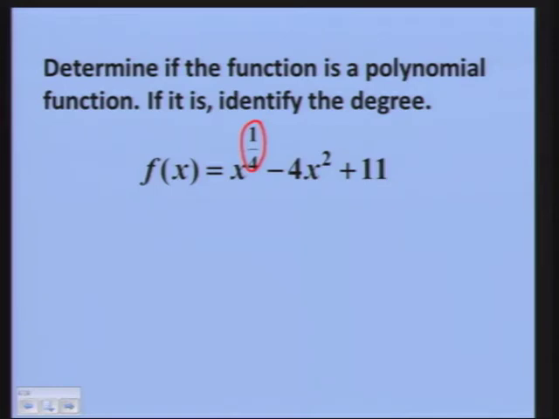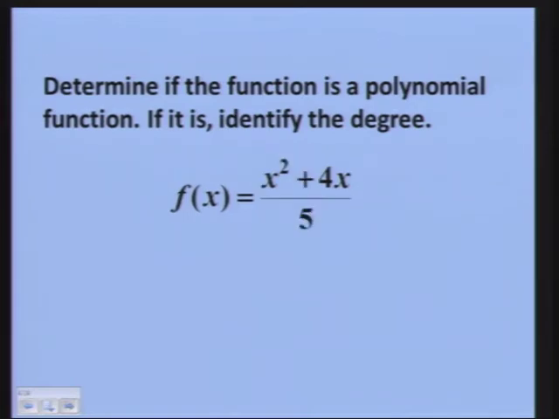Okay, let's move on to the next one. Now you might think with a fraction here that we don't have a polynomial function. But remember, if we're adding fractions, it came or could have come from adding single fractions with a numerator of x squared and a numerator of 4x here.